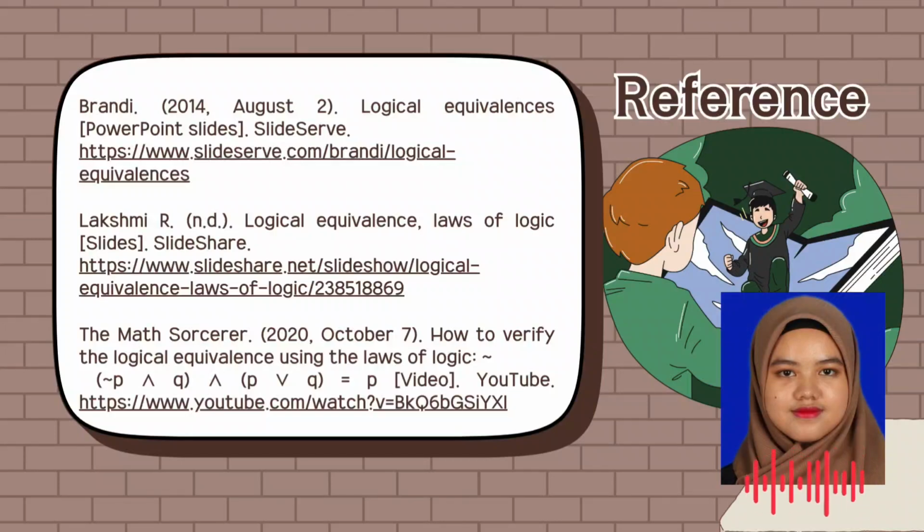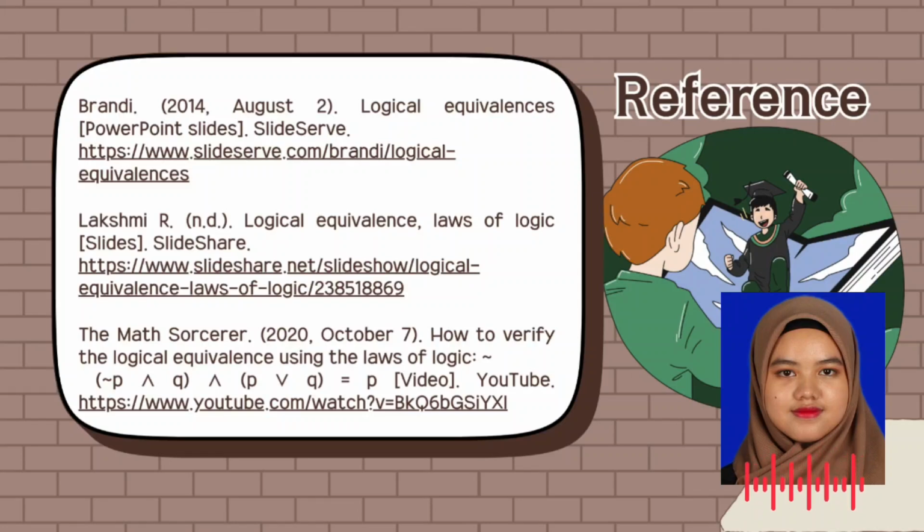So here is some of the reference that we use while doing this assignment. There are 3 references here. The first one is Brandy 2014 Agosto, and then the second one is Lakshmi R&D, and the third one is The Math Sorcerer 2020 October 7.